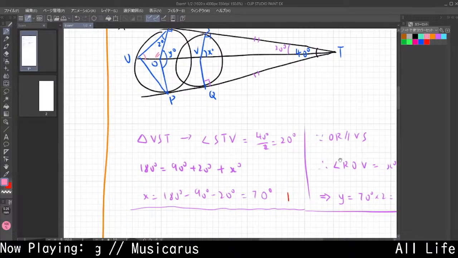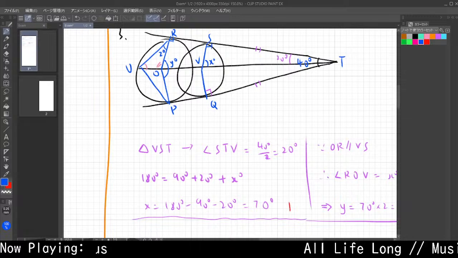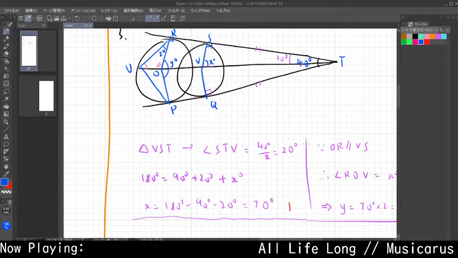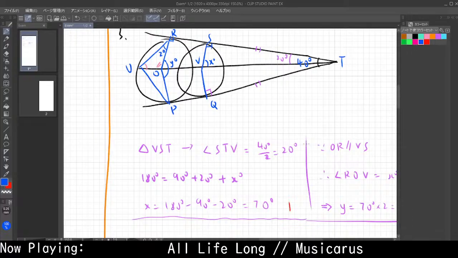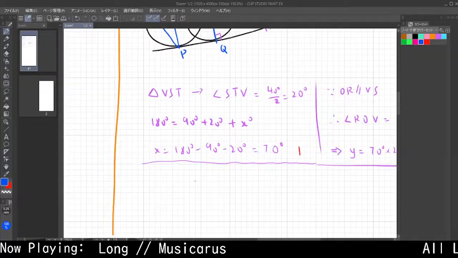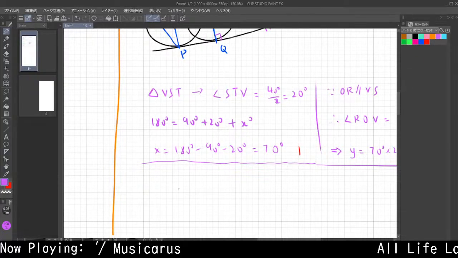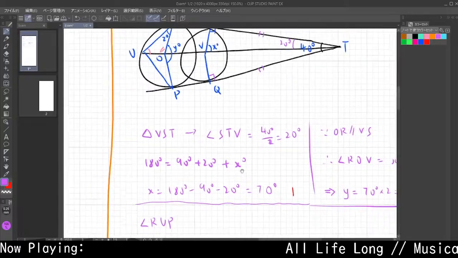Okay, so your UOR is a triangle, therefore the internal angles sum to 180. That one is normal.